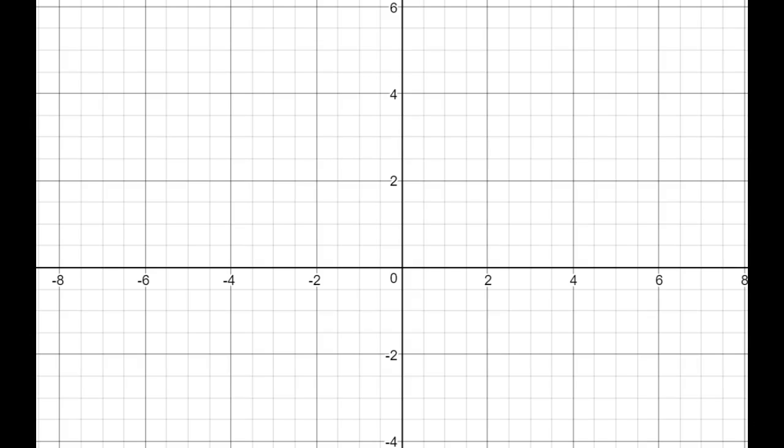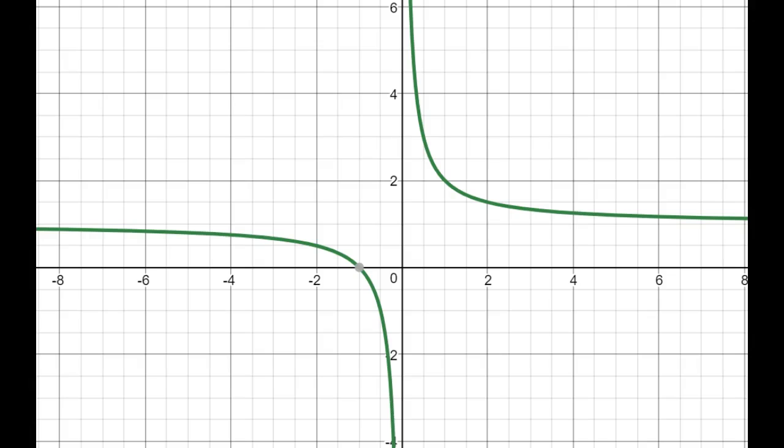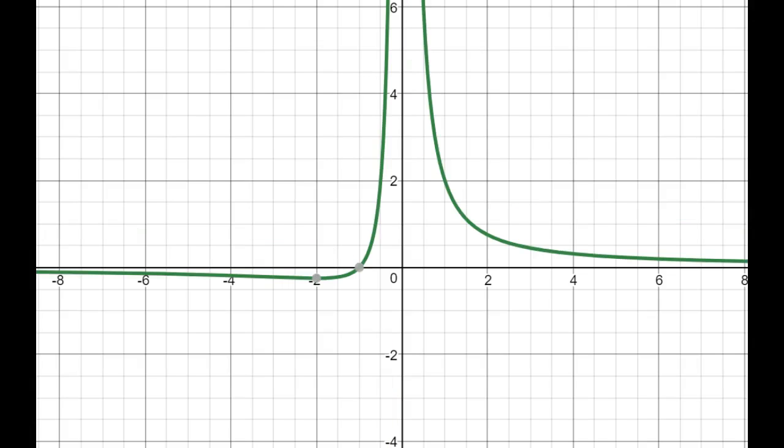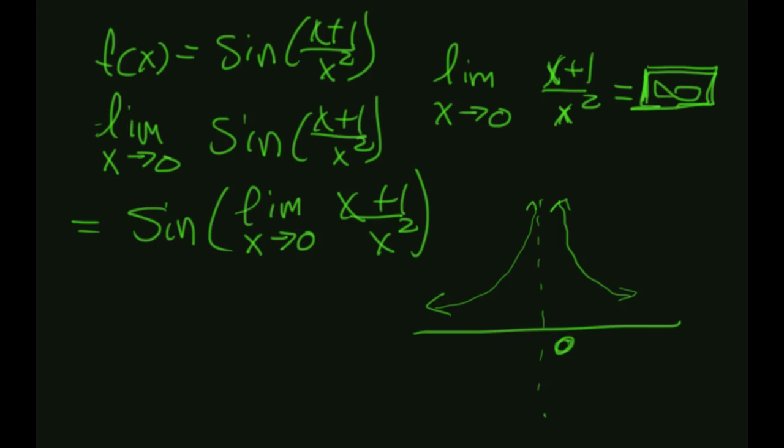Okay, so I'm entering into here y equals x plus 1 divided by x squared, and if you look, there's the function. Okay, so just as we predicted, we have that asymptote there at 0, and we have it going to infinity from both sides.